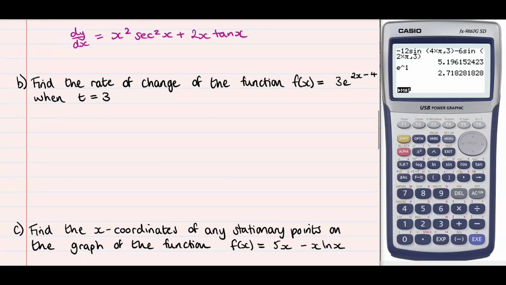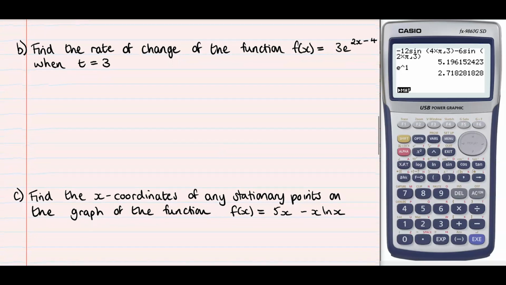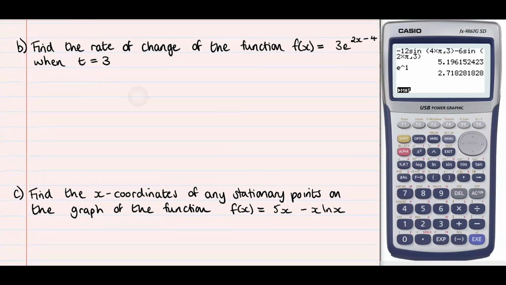For part B, we want the rate of change. That's just another way of saying the derivative. So since this is in function notation, we'll write it as f dash of x. And if we're doing that on e, then we differentiate the thing that is at the inside of that e function, so the power of e here.